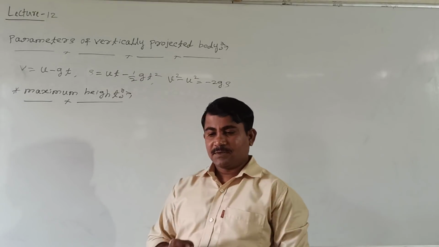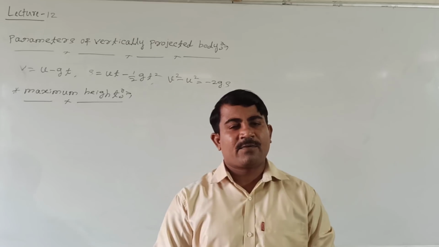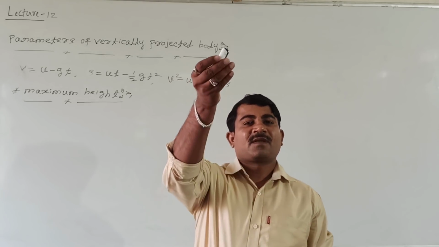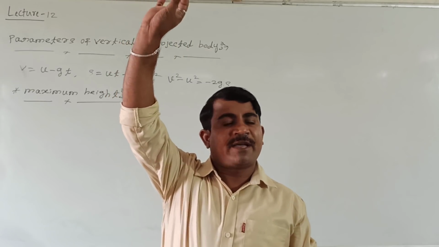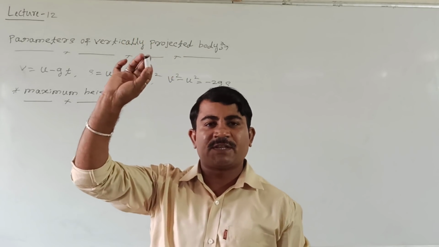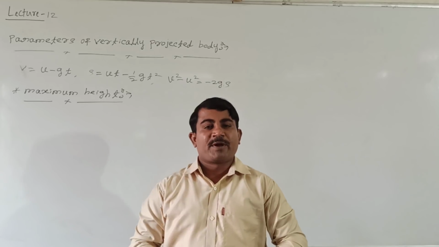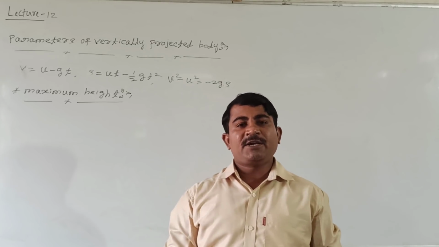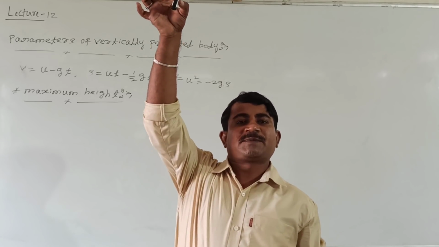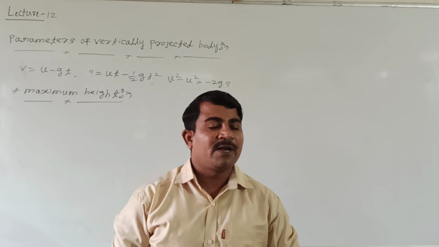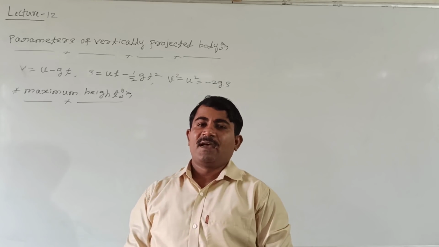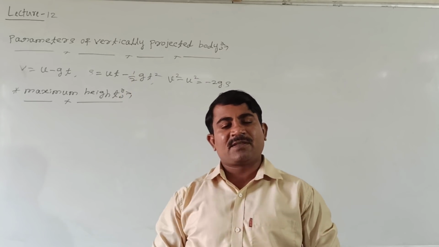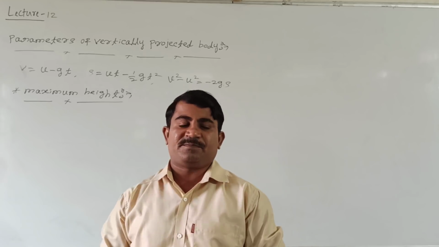See students, when a body is projected upside, gradually its velocity decreases, and at a particular highest point, momentarily the velocity is zero. The height which the body travels when it is projected upside, that height we are calling maximum height. And at the maximum height, the final velocity of the body is zero.